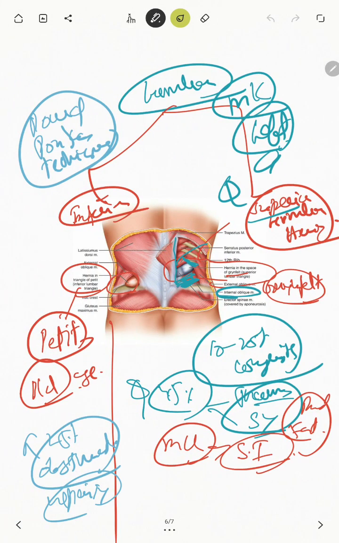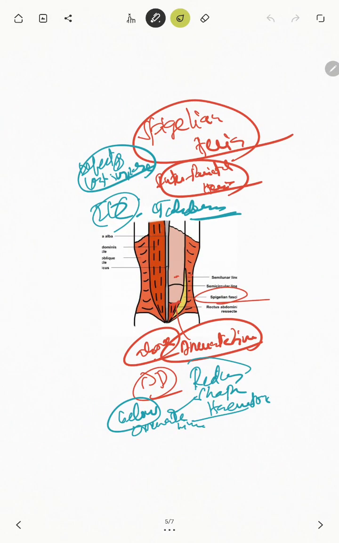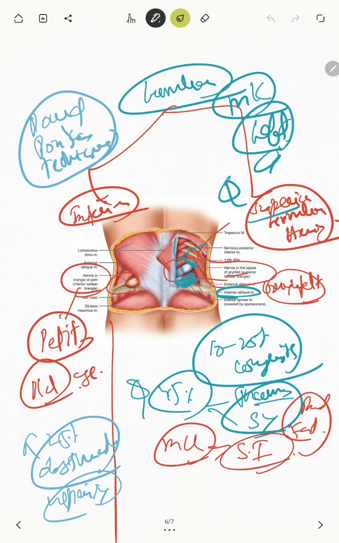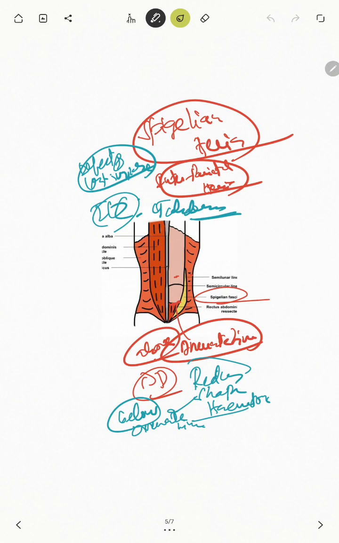Lumbar hernia: superior lumbar hernia is most common, on the left side, and that is called Grynfeltt's hernia, most common after trauma. Inferior lumbar hernia is called Petit hernia, which is less common, and the technique you use for this is called Dowd-Ponka technique, an older technique. Just remember the name. And Spigelian hernia occurs in the Spigelian fascia just above the arcuate line, and the differential diagnosis for this would be your rectus sheath hematoma.